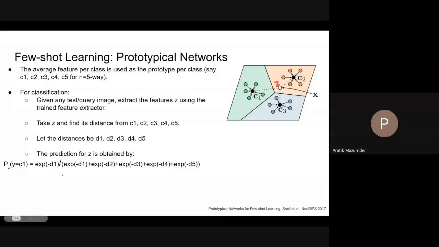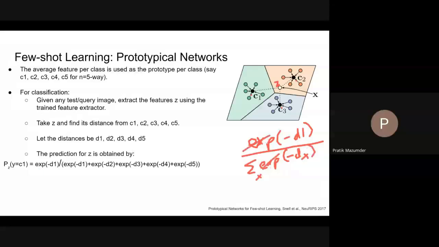It's an exponent of the negative distance of that class divided by the summation of the negative distance of all classes. For now, just ignore the exponent part. I only consider the negative distance for simplicity, and then I consider all your other distances.